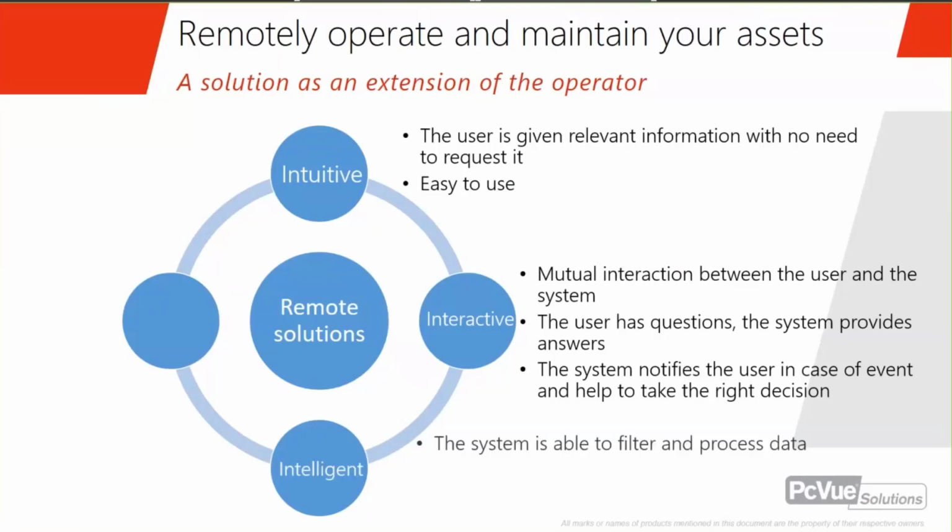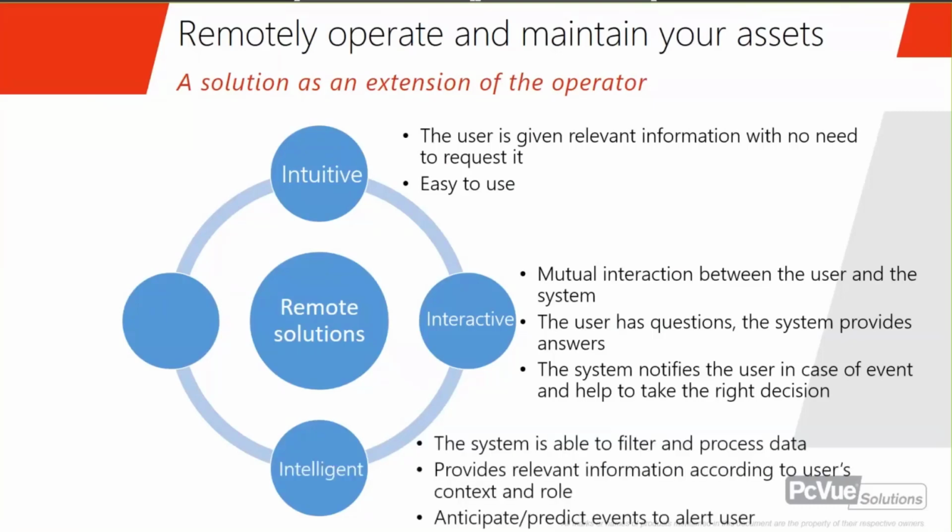The third point is that the system must be intelligent. As I said, there's more and more raw data, and it's very important to be able to filter all those raw data and to deliver relevant information from them. The system must be able to provide relevant information, if possible according to the user's context and the user's role.